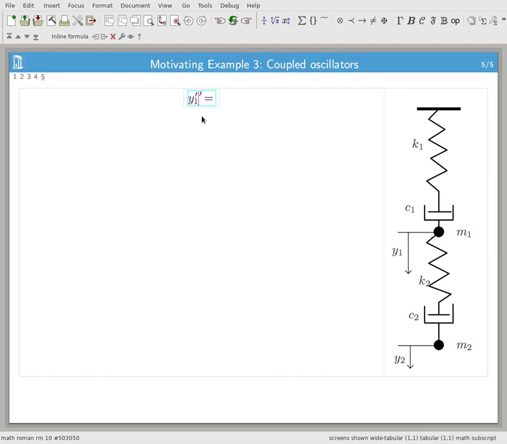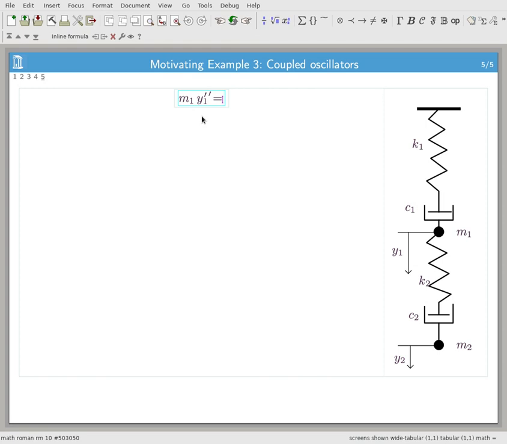That's going to be the acceleration, and mass 1 times acceleration is going to be the rate of change of momentum. The rate of change of momentum by Newton's law is going to be given by the sum of forces that act on this particular spring.